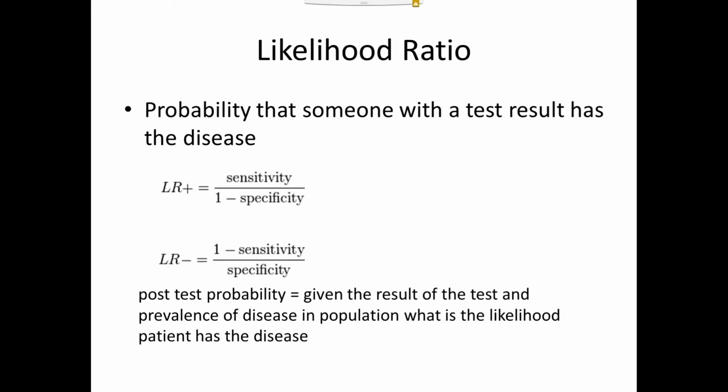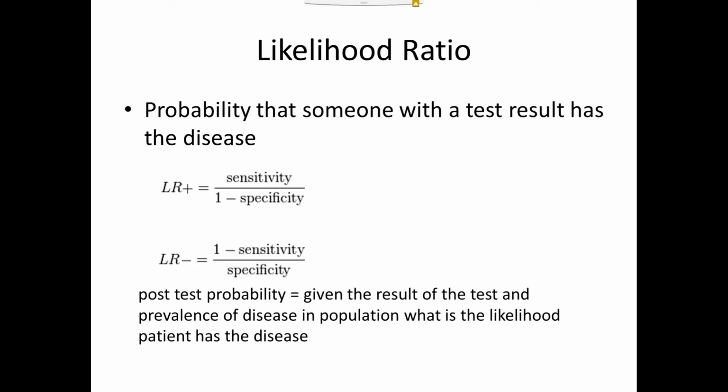The other thing that is a property of the test itself is the likelihood ratio. That's the probability that someone with the test has the disease, which is a positive likelihood ratio, sensitivity over 1 minus the specificity, and then a negative likelihood ratio, meaning the likelihood that if you have a negative result you don't have the disease.